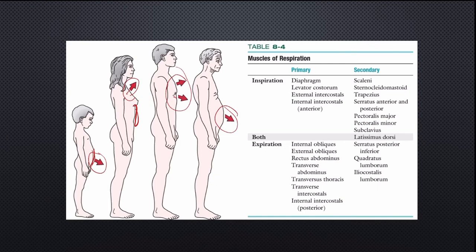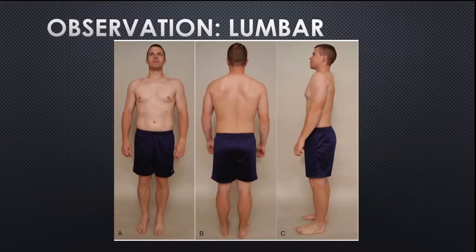Okay. So next, observation for the lumbar region is just the same. We have here a plumb line, anterior, posterior views. But for the lumbar region, it's the same. Pelvic obliquity, the thing that I mentioned, symmetry as well. The pelvis should not be asymmetrical.